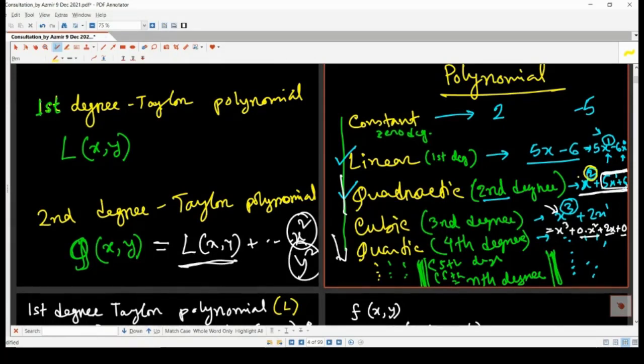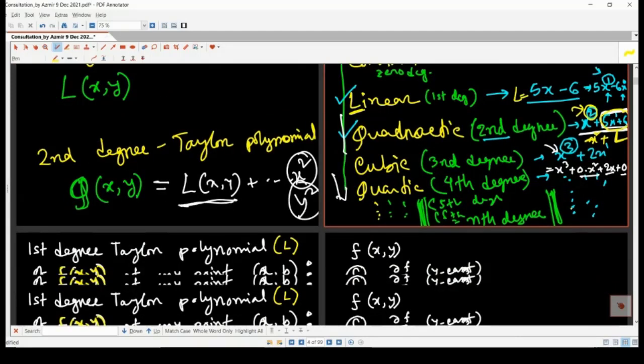That's why we can say it is second degree or quadratic. So for second degree polynomial or quadratic, there is L. If we consider this one as L, that means for quadratic polynomial, you will also get L plus something with x squared or y squared term.